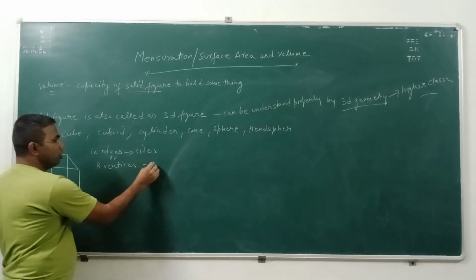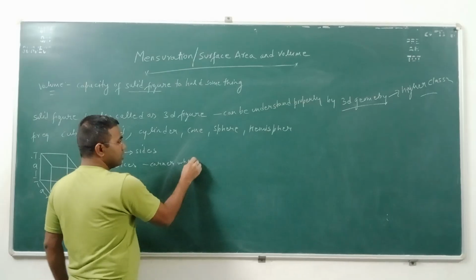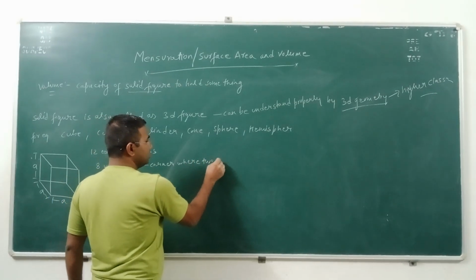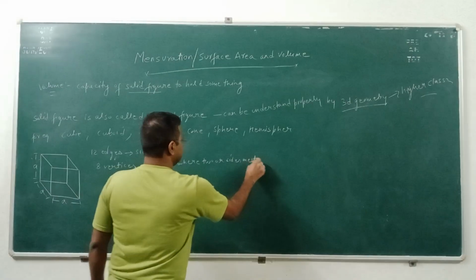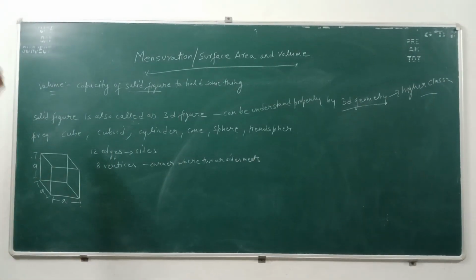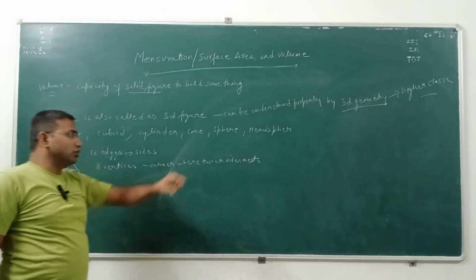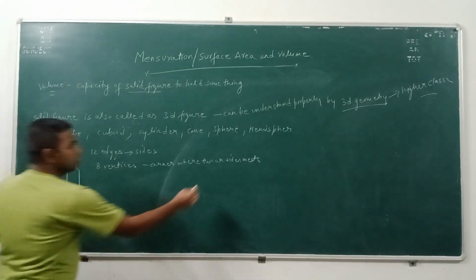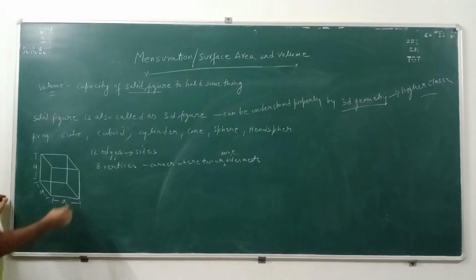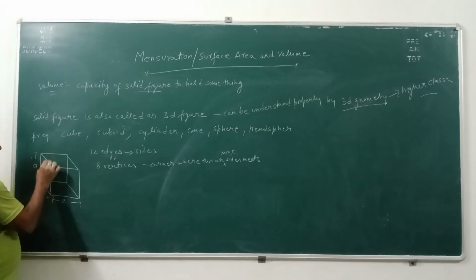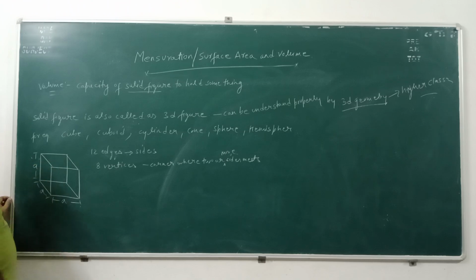Vertices means corners where two or more sides meet. This one is a corner, and these are the edges.